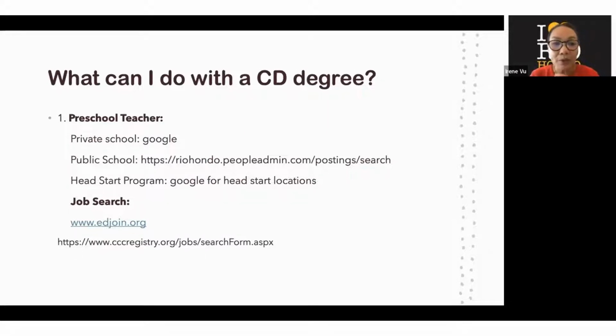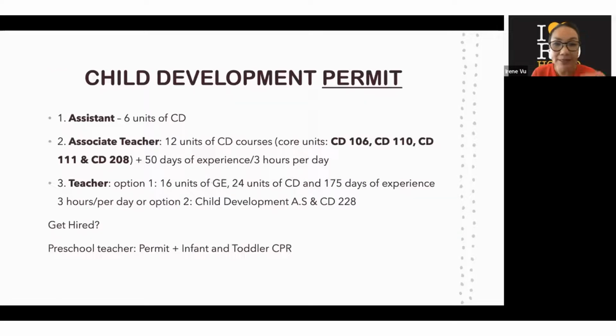So with that, they pay you more. And usually Head Start also requires you to have at least an associate degree in child development to work as a preschool teacher. So now I'm going to go back to the slide, and you will ask me, what's the difference between associate teacher and teacher? In each classroom, there is only one teacher, right?